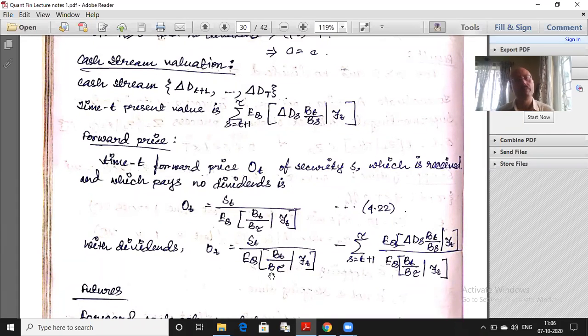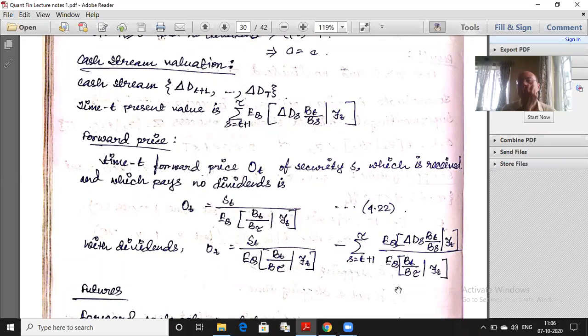And suppose I have a stock, but I also know that some dividends will be paid out of that stock through that lifetime. Even then I can do the evaluation. So if I have dividends, then I will take this expression, which is the expression here, but I will deduct all the dividend payments, but evaluated at present.